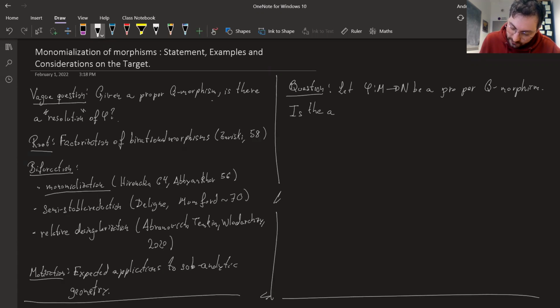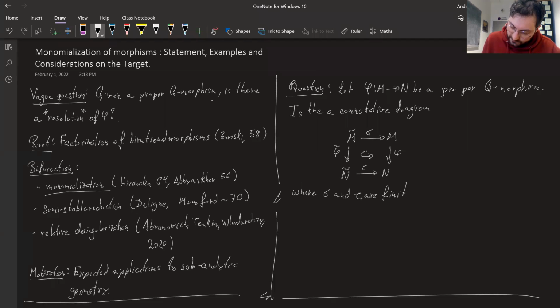Is there a commutative diagram, with phi, sigma, tau and some phi tilde, where sigma and tau are finite sequences of blowing ups, and this phi tilde should be as simple as possible?